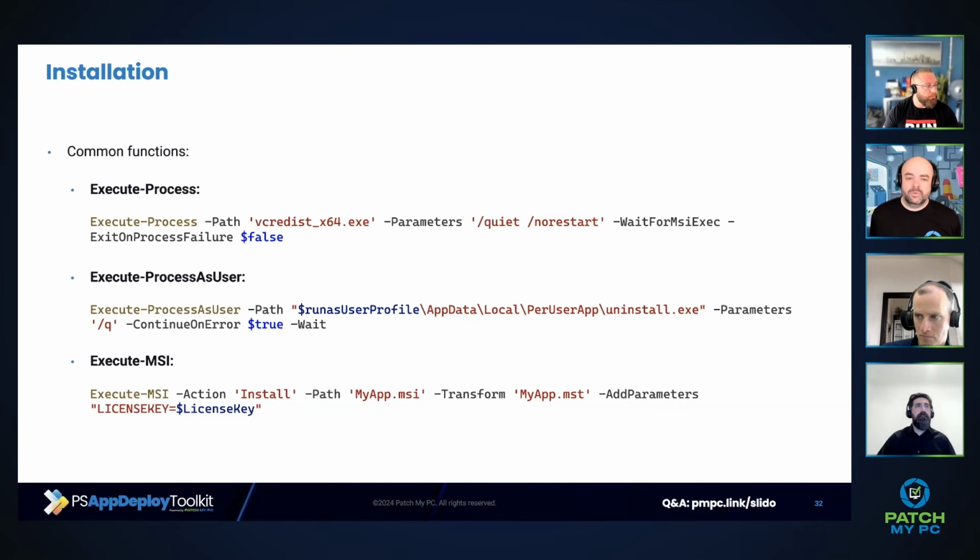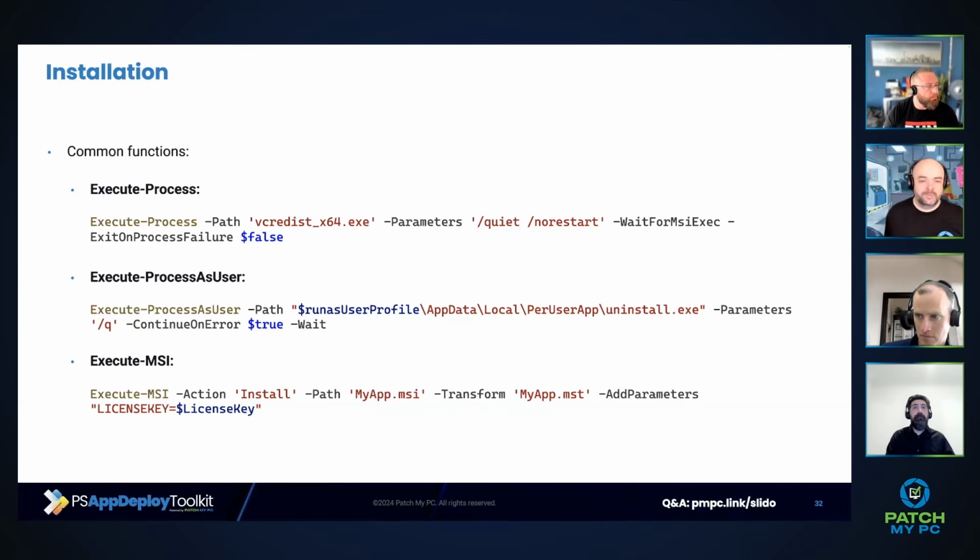And with Windows Installer, you can only install one MSI at a time. So if there happens to be another MSI already installing or repairing or whatever, that executable would fail. But putting that wait for MSI exec flag in there tells the toolkit to check if Windows Installer is busy before it executes. And if it is, it will just wait until it's freed up.